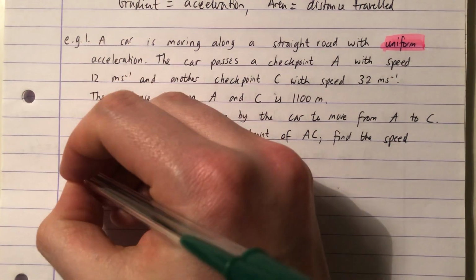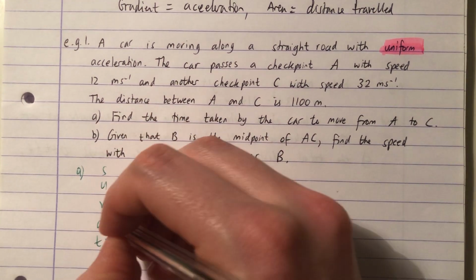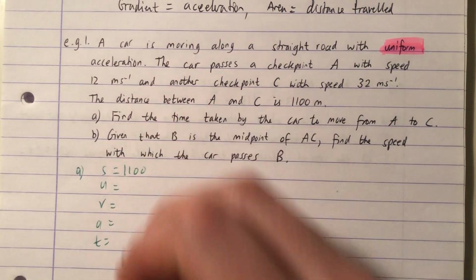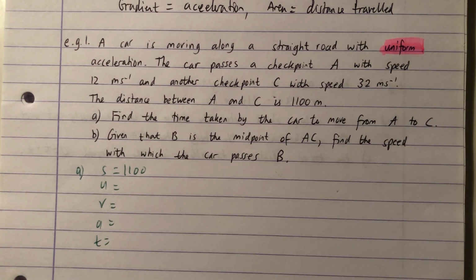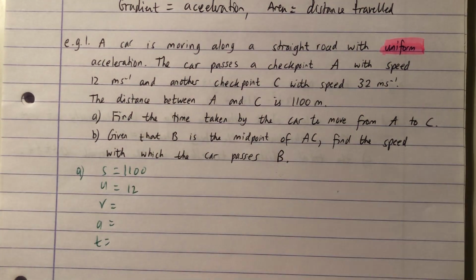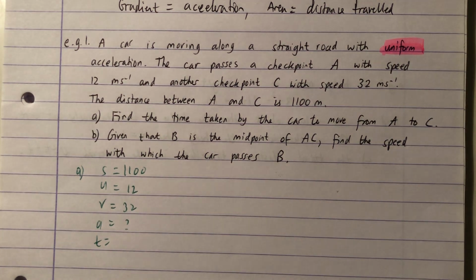So a SUVAT, write down everything you're given. So displacement is definitely 1100. Initial velocity is 12. Final velocity is 32. You don't know what the acceleration is, and at this point you don't care.